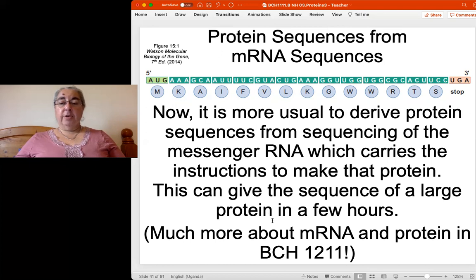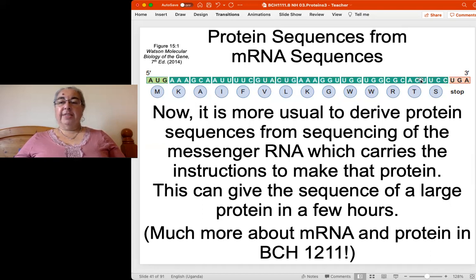Okay, if you don't already understand how this works, you'll understand a lot more after the course we'll do on molecular biology next semester. But basically, the instructions to make a protein, each amino acid, are carried in a sequence of nucleotides in messenger RNA.